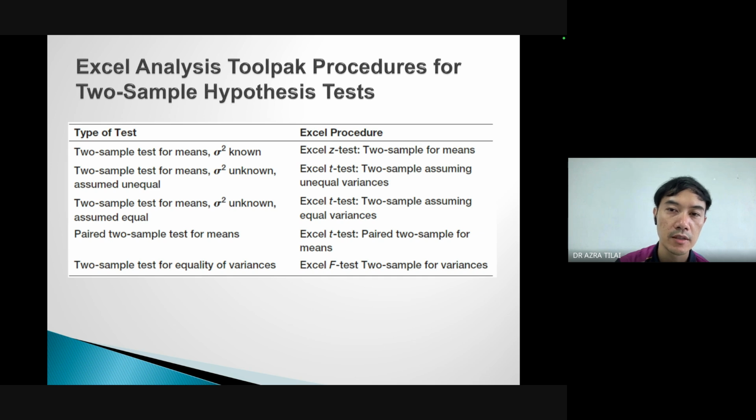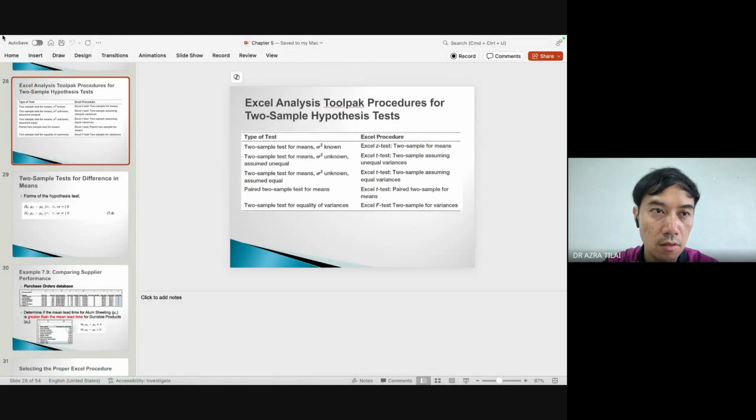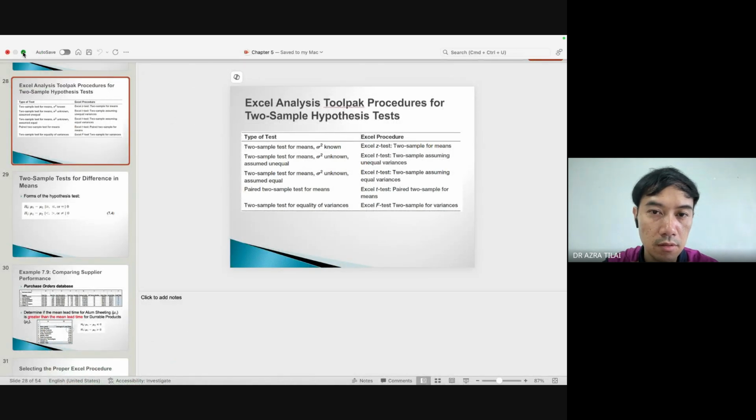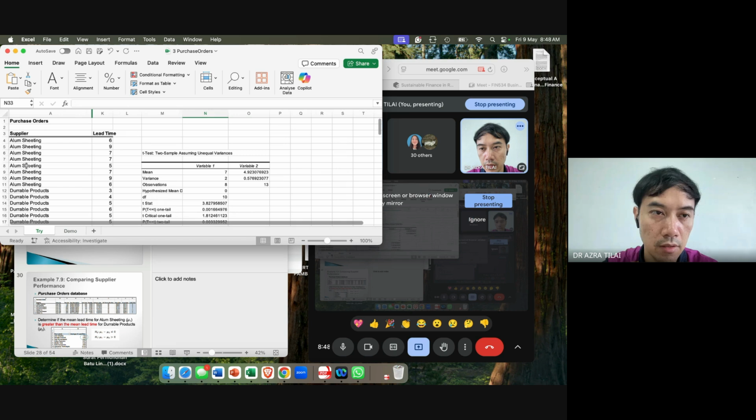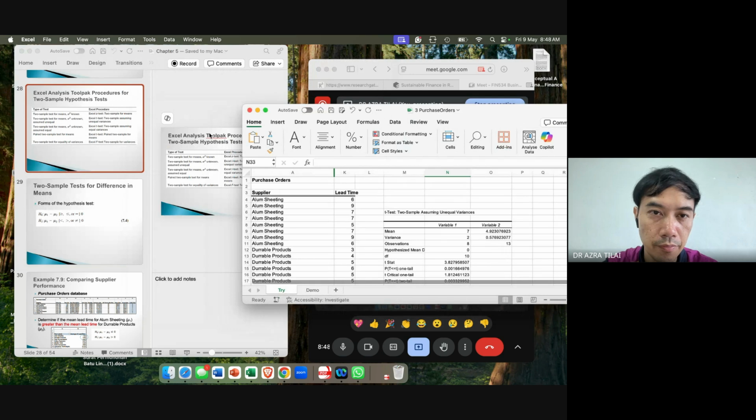So these are the types of tests, and when you enable Excel, which one do you use? For example, here. Let me close this. Okay, try. This is a bit small.